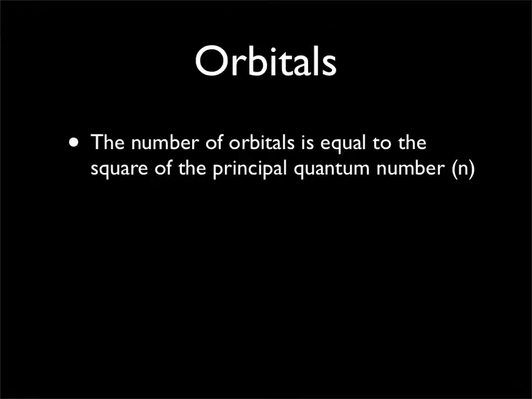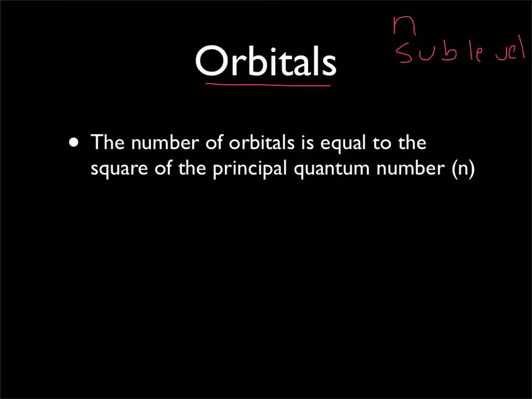We've talked about levels, that's n, and we talked about sublevels. Now we're going to talk about orbitals. Orbitals are where the electrons are located, where the electrons are flying around.